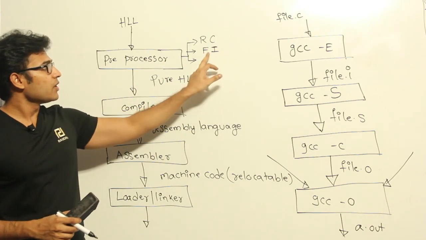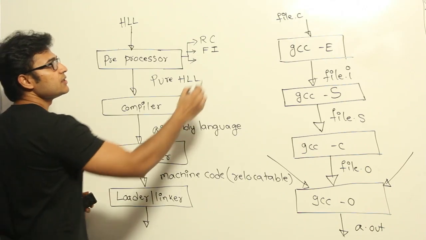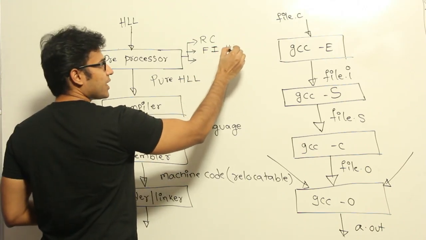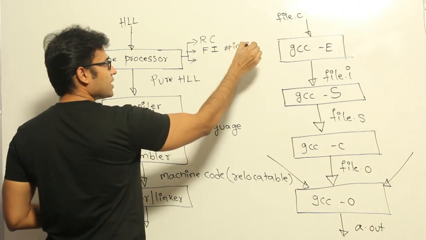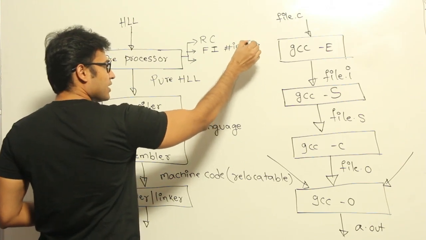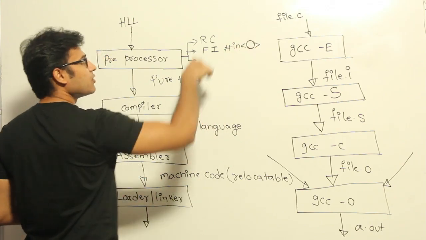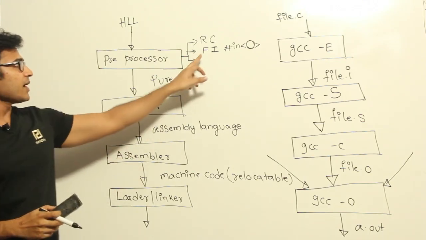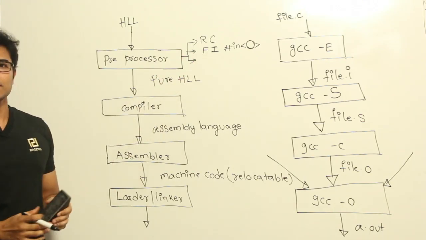An example of this is what we have just seen, hash include. Whenever I write hash include some file name, it means you take this file, see whatever text is given in it, and include it in our file. And this file inclusion is done by our preprocessor.